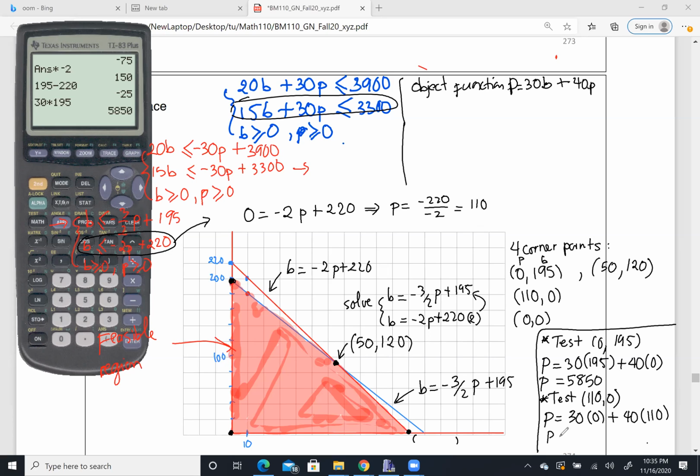So in this case, p will be equal to, so use the calculator again. 40 multiplied by 110, and then I have 4,400. Okay.